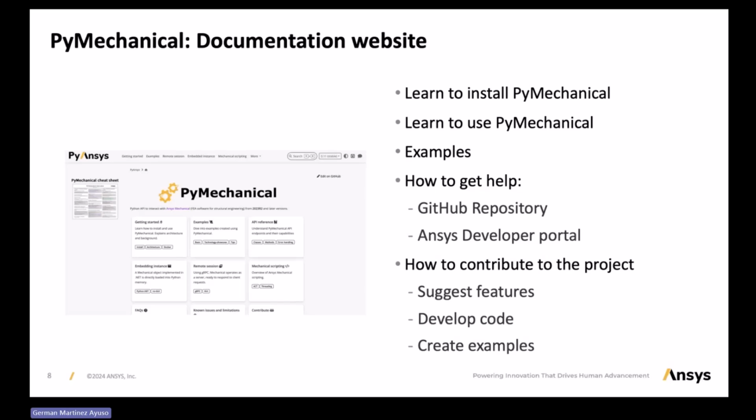If not, if you have a question more related to usage, you can probably go to the Ansys Developer Portal, because there are a lot of colleagues that work for Ansys, and they are experts in using this kind of library, so they can advise you the best on how to use it. Anyway, more or less, both sources are interchangeable, but I would say that's the main goal of each one: GitHub for developers and the developer portal for users.